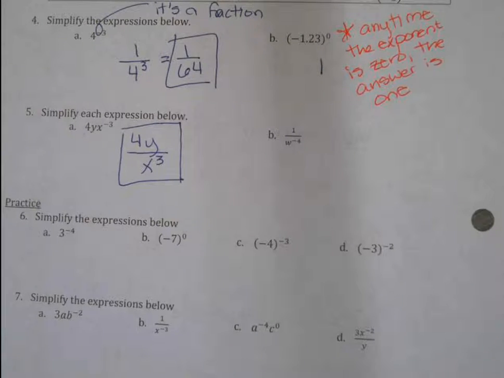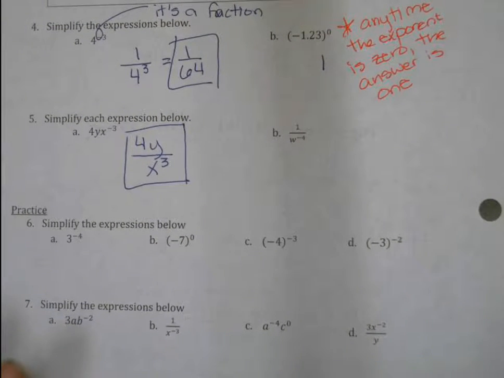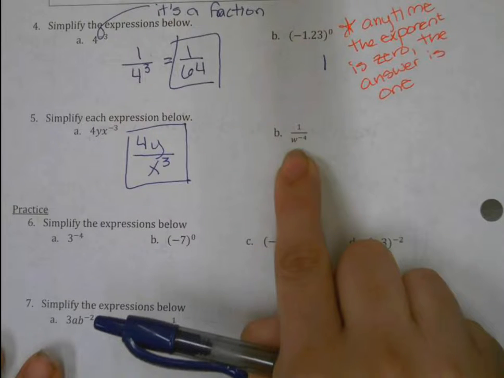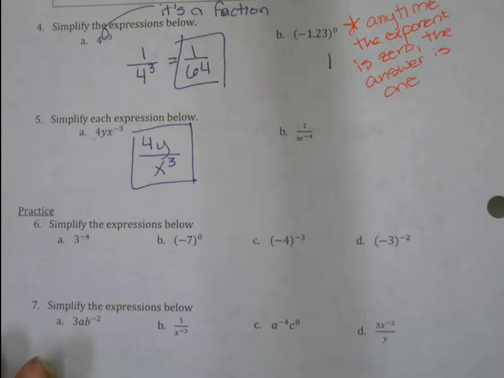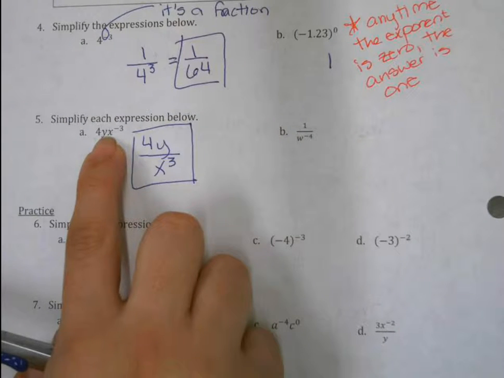Okay, there we go. So on B, what do I need to do here? Okay, I need to make it into a positive 4. What do I do to do that? Do I just white out the negative, like it never existed? No. So over here, I moved it from the top to the bottom, right?